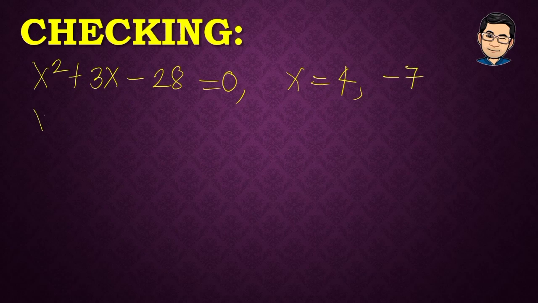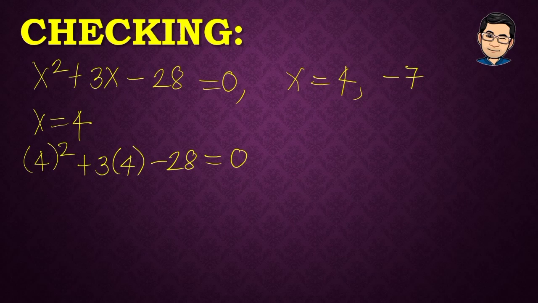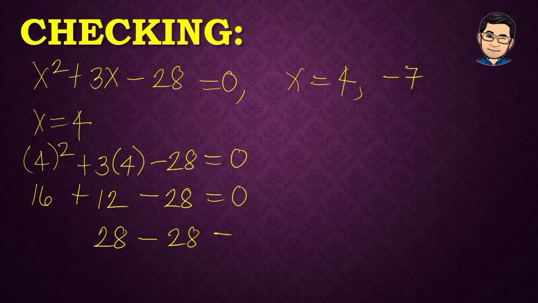If x equals 4, then 4 squared plus 3 times 4 minus 28 equals 0. 4 squared, that is 16, plus 3 times 4, 12, minus 28 equals 0. So, 16 plus 12, that is 28, minus 28 equals 0. 0 equals 0. So, our solution x equals 4 is correct.